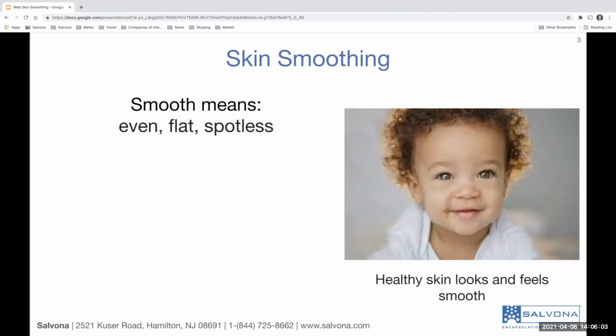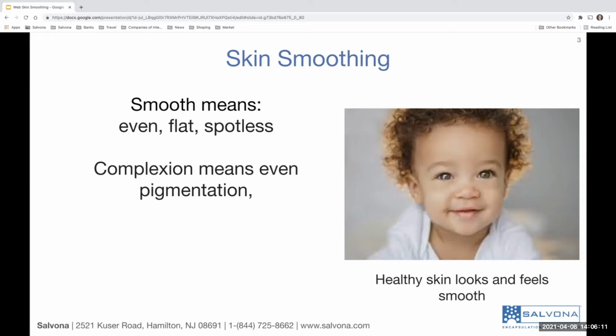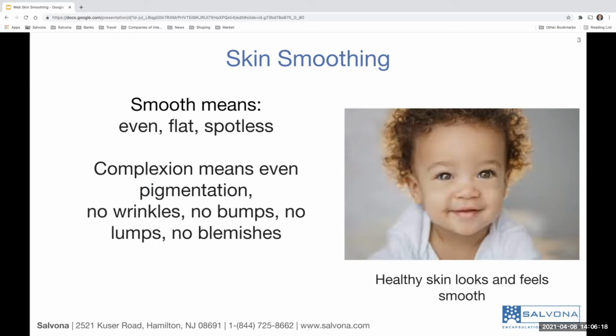When we say skin smoothing, we mean even, color is even, flat, spotless. We're talking about complexion, which means even spread of the pigment all over the skin, so we don't have patches of high color, low color, with no wrinkles, no bumps, no lumps, no blemishes.